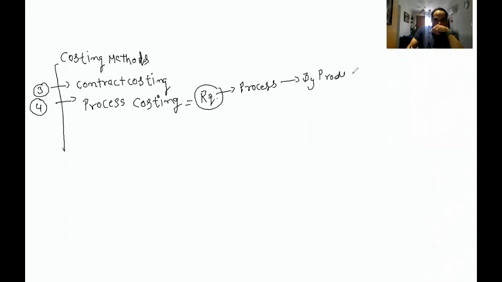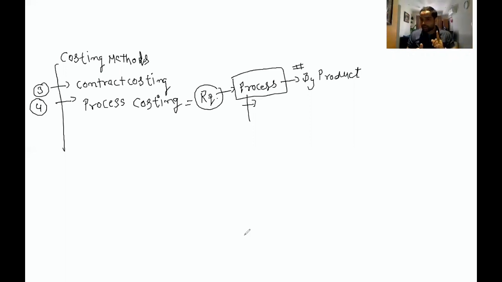Now, what is a byproduct? Let me give you an example. I repeat, process costing is the costing we apply for products which have multiple processes, which cannot be produced without process. What does it mean, process in nature? It means the product has different raw materials, not just one. We add the first raw material, then second, then third, and so on.